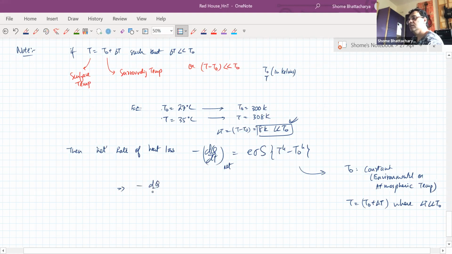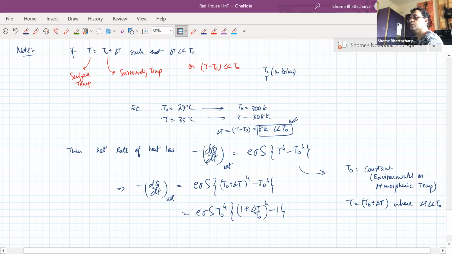So minus dq by dt net. Now we can write T as T naught plus delta T, so that limit will come into play, that delta T is small compared to T naught. Further step, we can take T naught common from this whole bracket. So it will come as T naught to the power 4 outside, and this will become 1 plus delta T by T naught to the power 4 minus 1. So the moment we write this expression like this, right now there's no difference.